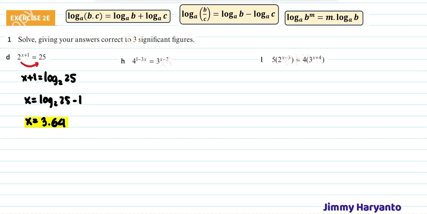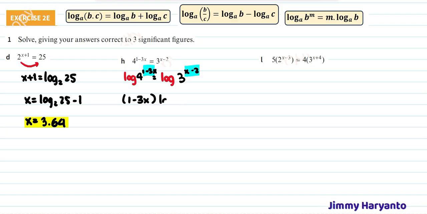Okay, next is B. For question B, we have to give logarithm for both sides like this, and then rewrite the equations. 3 to the power of x minus 2, and then for the powers we can move it to the front, so you'll have 1 minus 3x, and then this one is logarithm of 4, and then this one is x minus 2, and then this one is logarithm 3.